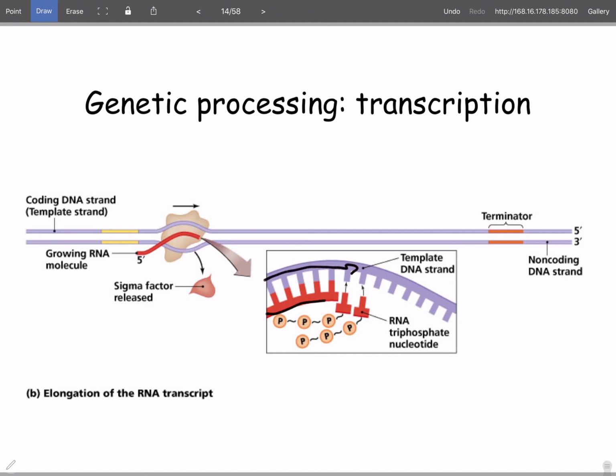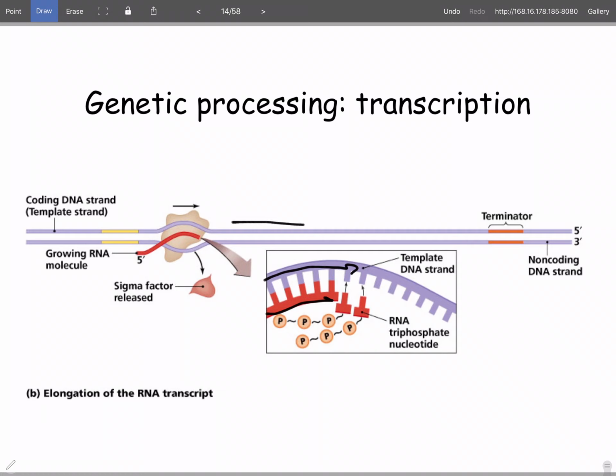And so you see it moving in this direction with new RNA ribonucleotides being added by dehydration synthesis. You guys remember, a hydroxyl's taken off one nucleotide, a hydrogen off the other, and they're joined together by a covalent bond in a phosphodiester bond, right? And water's lost. Okay, so you end up producing a water in this process.